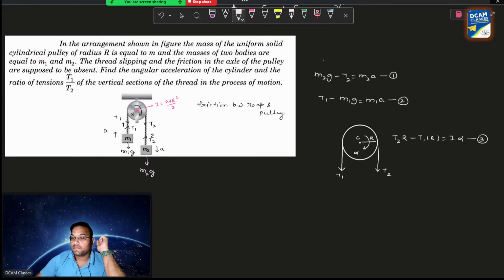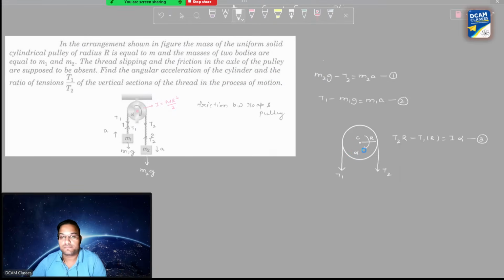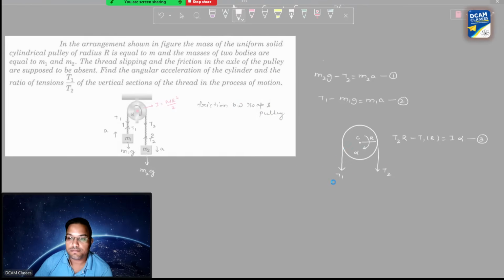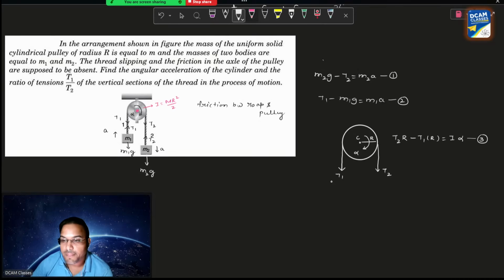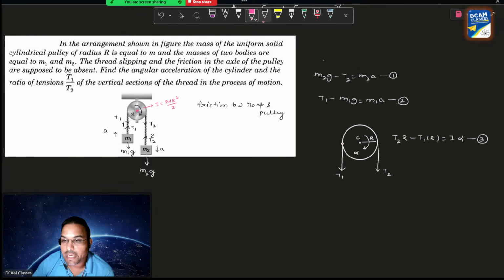Now, there is one more important point. Since there is friction and there is no slipping of the thread and the pulley, at this particular point, I'm just making the equation. You have to understand these equations at home. At this particular point, the acceleration of the rope is towards up.